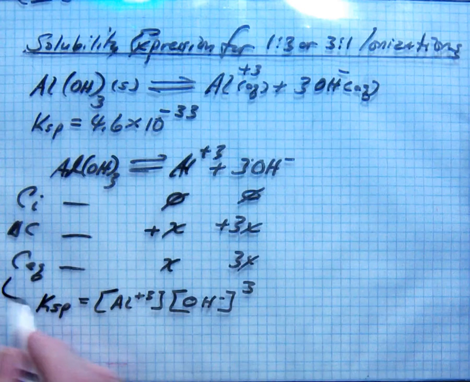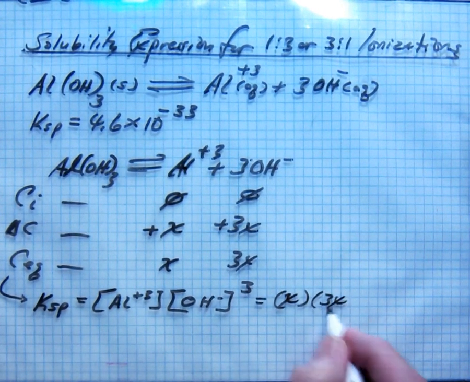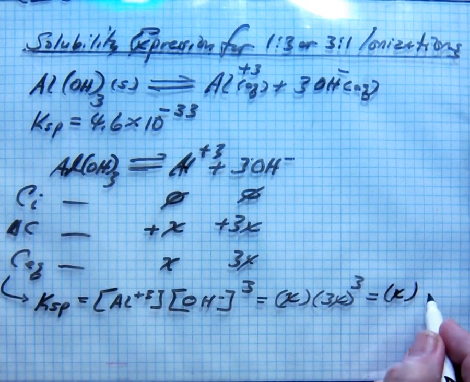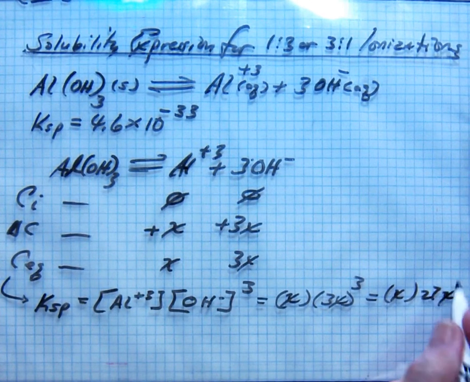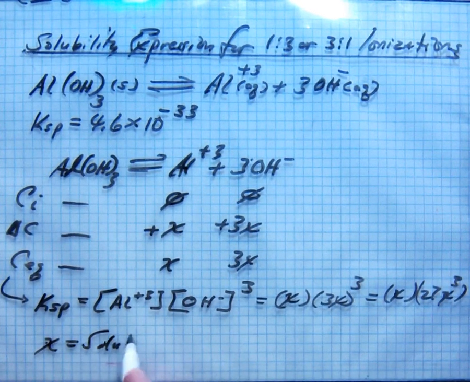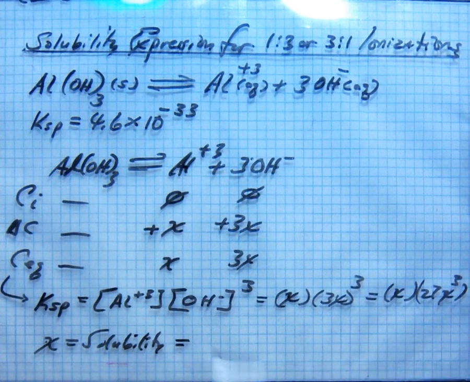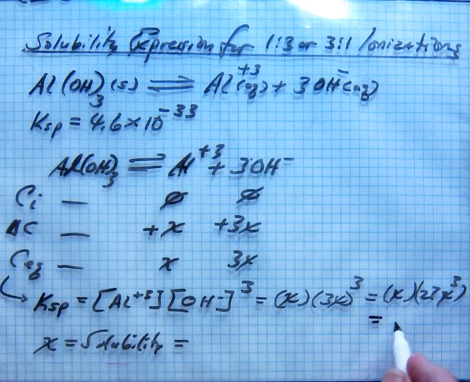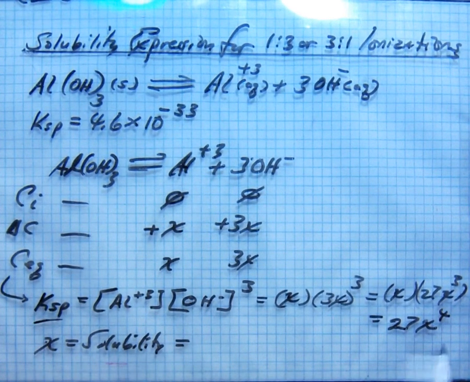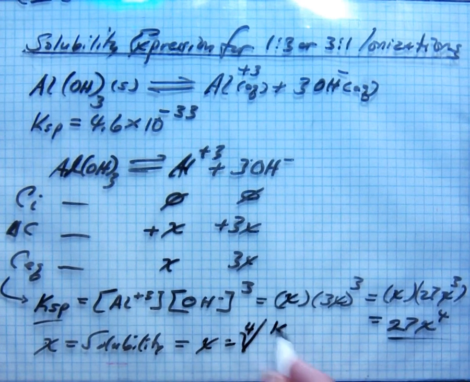So now we have X times 3X cubed, which is 27X to the fourth, and X, which is equal to solubility, is the fourth root of KSP over 27.